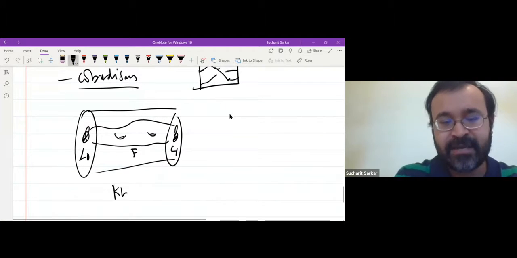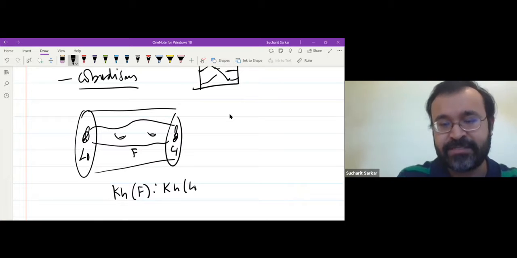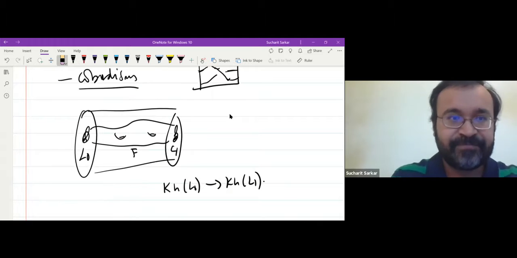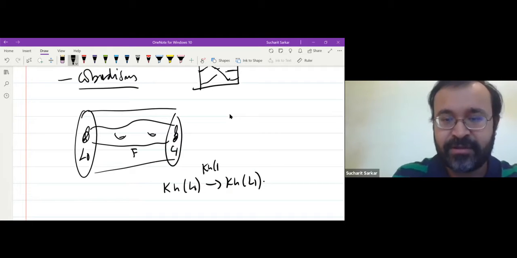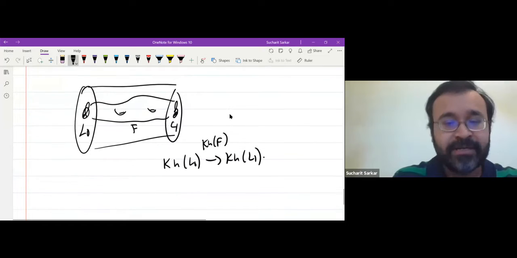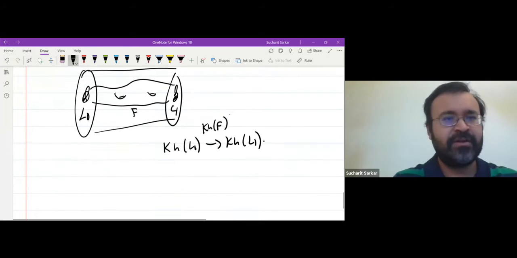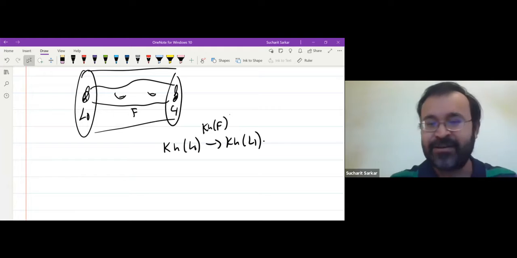Then I get a map, like I said, from Khovanov homology of L0 to Khovanov homology of L1. But not just that, we also get these cobordism maps. This is a very recent work. We are yet to put it on the archive.